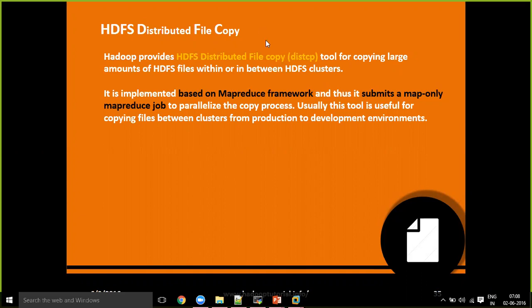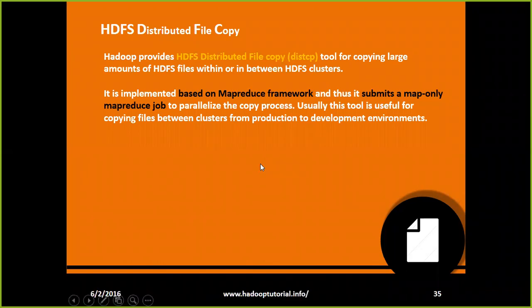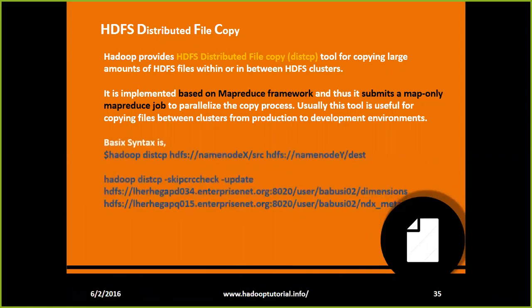The command syntax is very simple. This tool is useful for copying files between clusters, from production to development or UAT environments, where you need to get the data from clusters. Its basic syntax is hadoop distcp, your source directory, followed by the target directory.